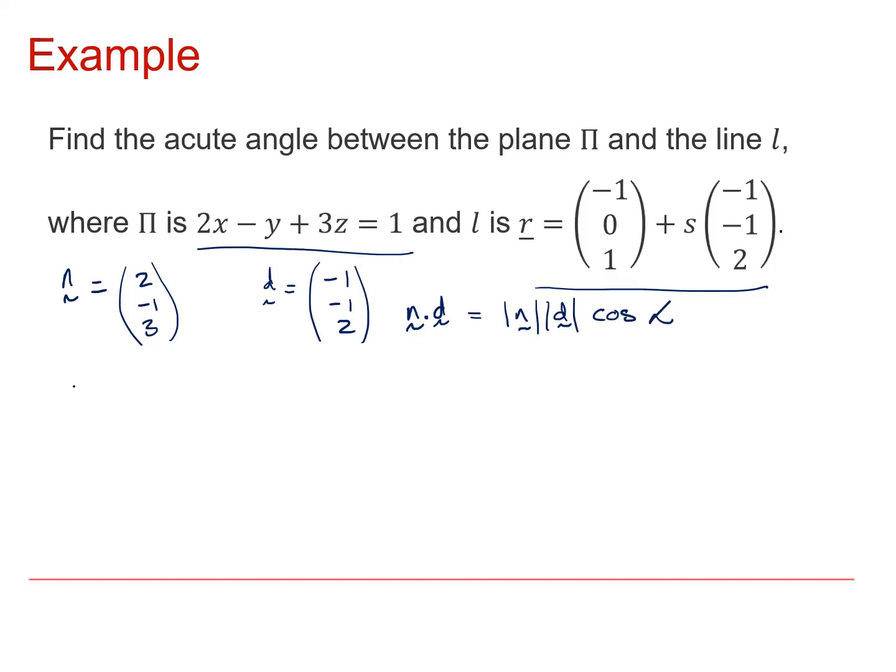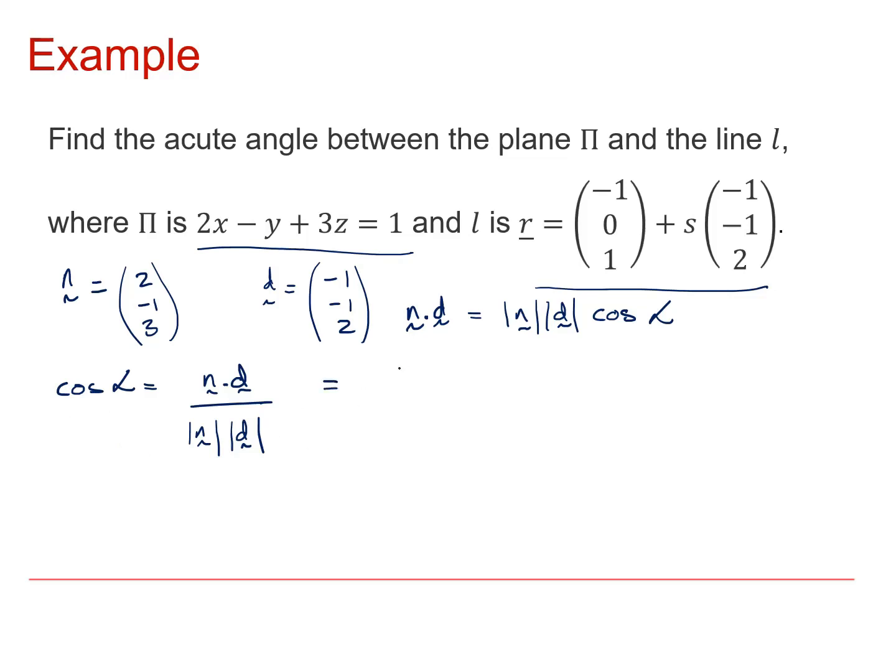And rearranging this, I'll get that cos alpha is equal to n dot d divided by mod n mod d. And actually we saw that in a previous video looking at the angle between two lines.